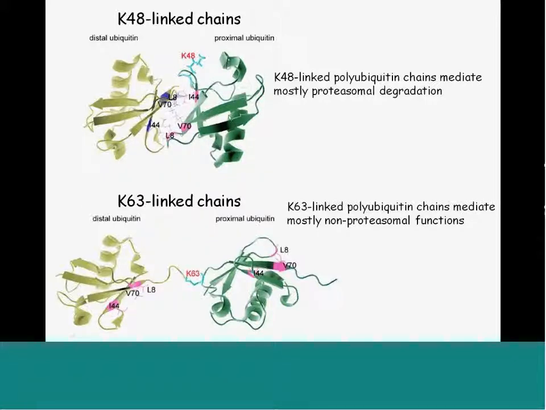And it's a very compact structure, whereas the K63 linked chains are more extended. There's a bit of a separation between the ubiquitin moieties, and this dictates binding preference for various ubiquitin binding domains. So different UBDs would have different affinities for K48 and K63 linked chains, typically, not always. Now, we compared our ubiquitin binding domain with these types of chains. Now I'll get into that in a second.